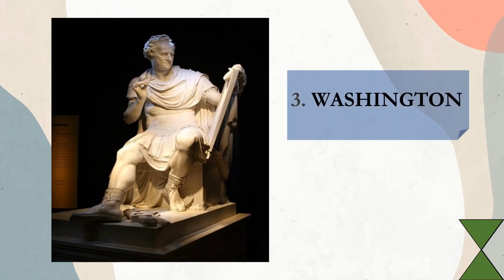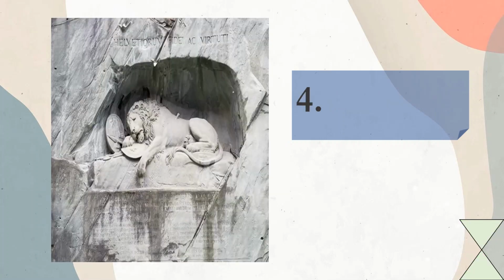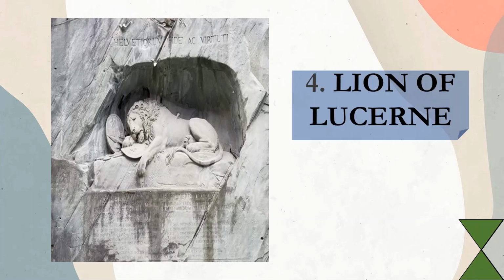Wow, that's right! This sculpture is called Washington. 4. What do you call this sculpture? That's correct! This sculpture is called Lion of Lucerne.